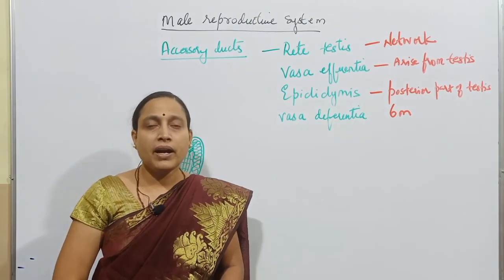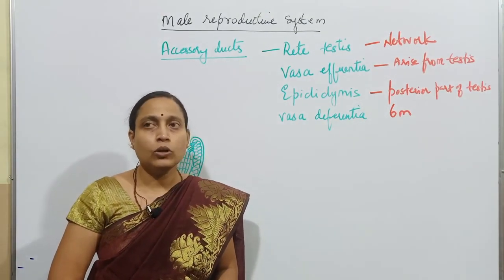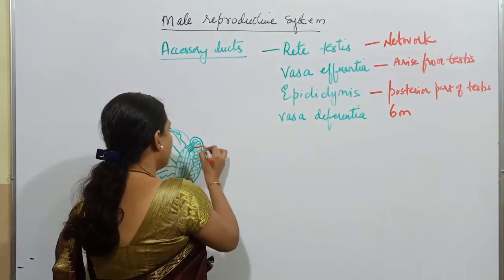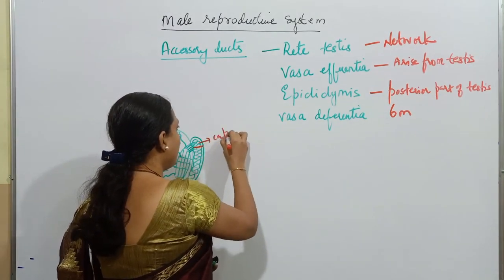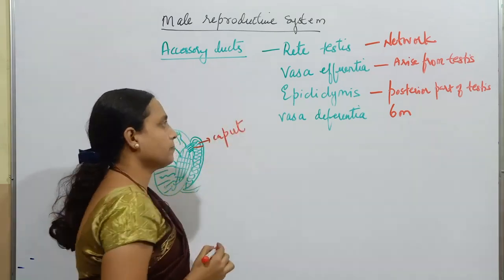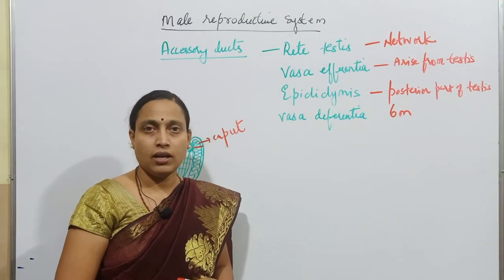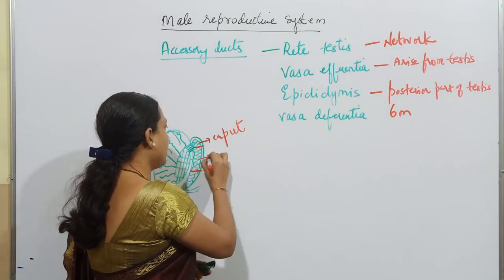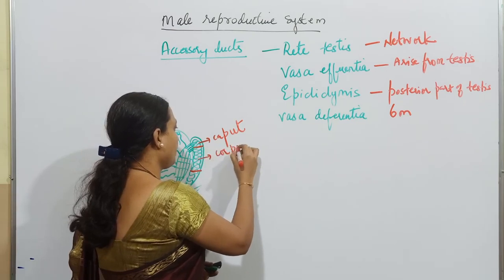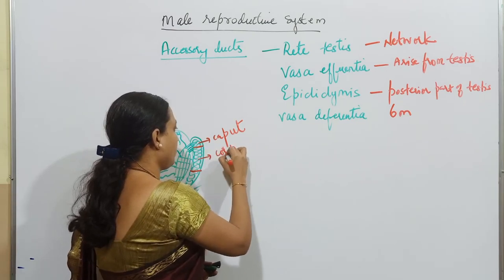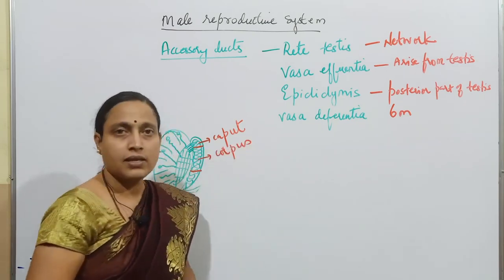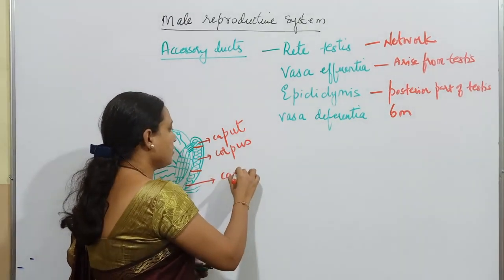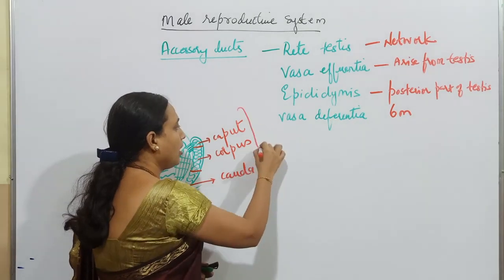Now, epididymis can be divided into 3 parts. The first part here is called caput epididymis. The middle part is called corpus epididymis. And the last one is called cauda epididymis.